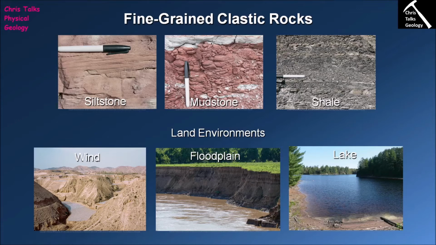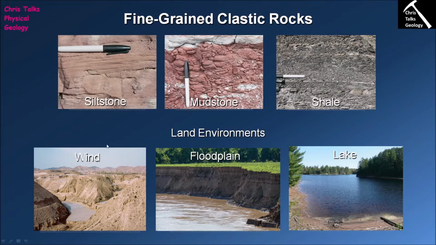The reason is that they are very, very light, and so a very gentle breeze or water, even if it's moving ever so slightly, still has the capacity to move these very fine clasts. So you need your water or your wind to be nearly completely stationary. So you need a very, very low energy environment, and that allows these fine particles to slowly rain out and form a layer on the bottom of your floodplain or your lake or wherever.